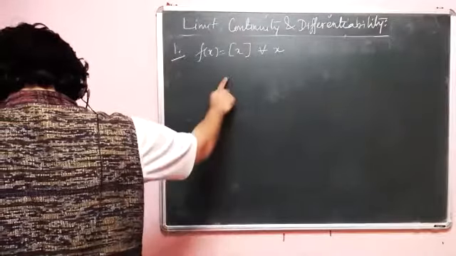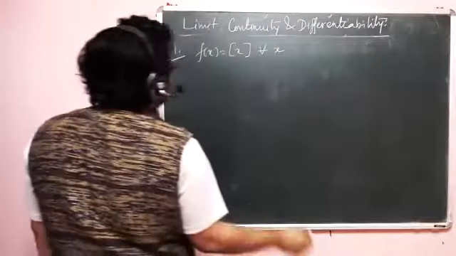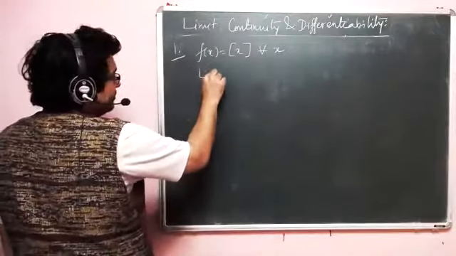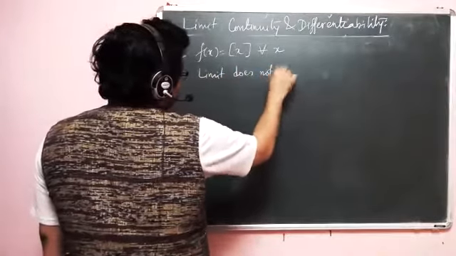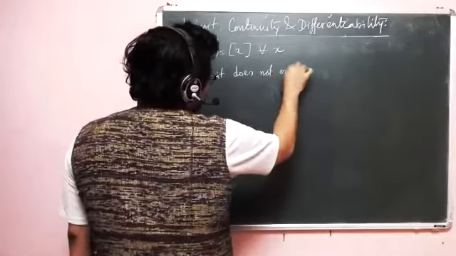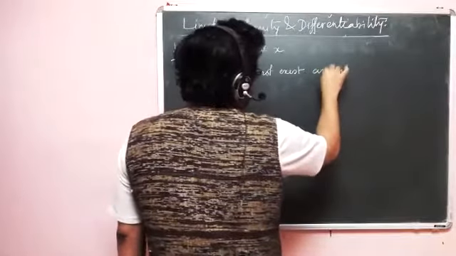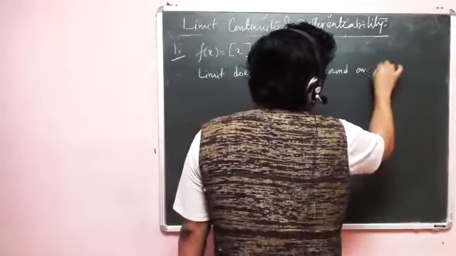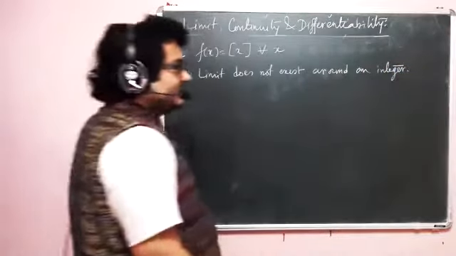Now for this problem, earlier we saw that the limit does not exist around an integer, but otherwise the limit exists.